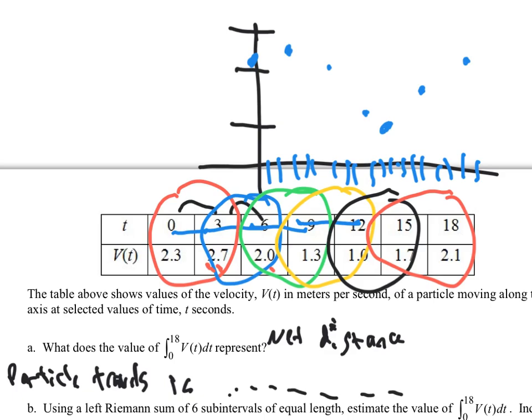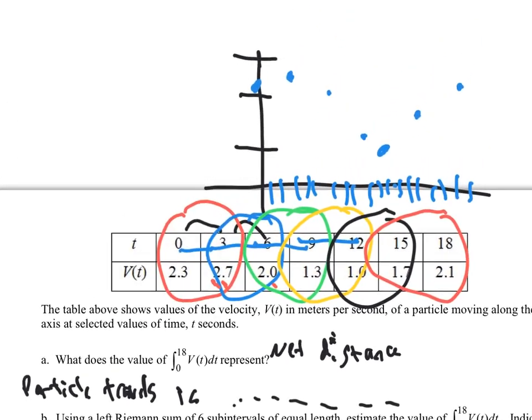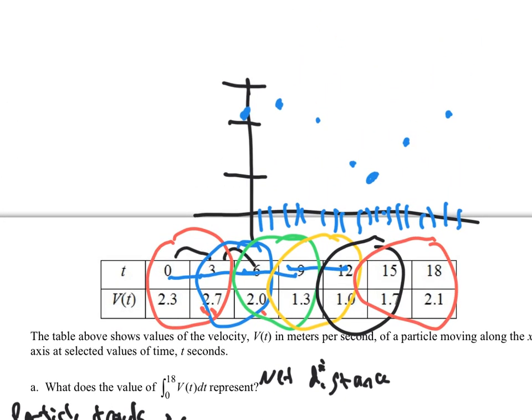So he wants the left Riemann sum. I'm going to use red here. I'm going to go up to the first one. Each of those stands for an interval. So I'm just going to cut over to the right to where that number is. So it goes about right here. Come down.